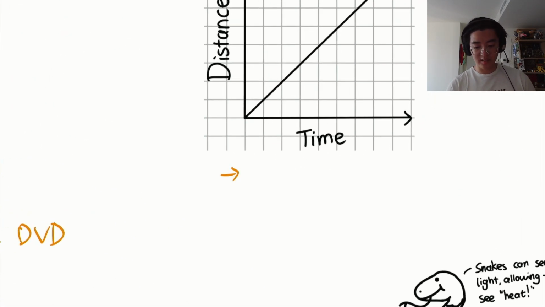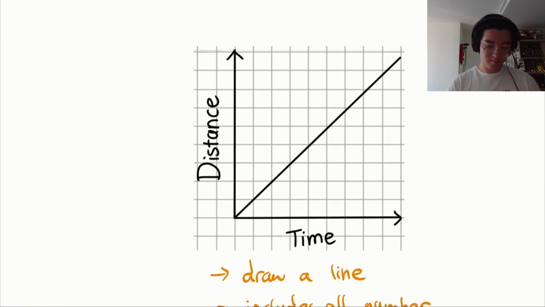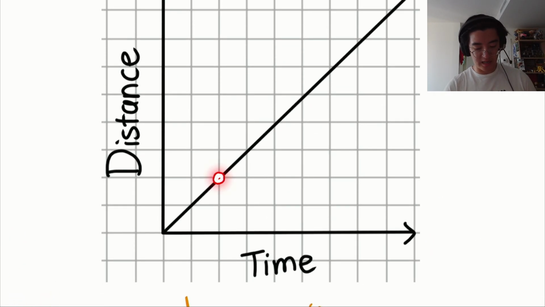But with continuous, we draw the line because it includes all the numbers inside the line. So it could be this point here where we have, say, 2, 2. Of course, that's probably not it. We can have any point here.